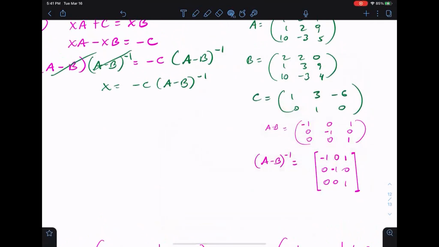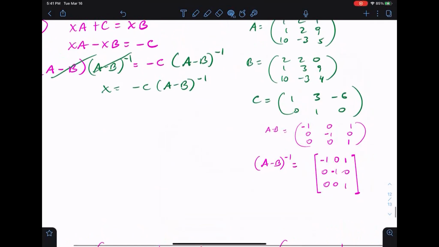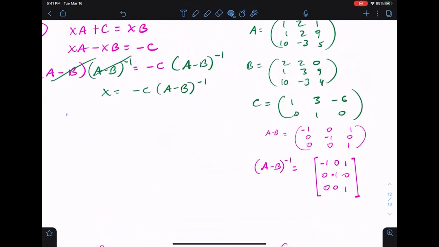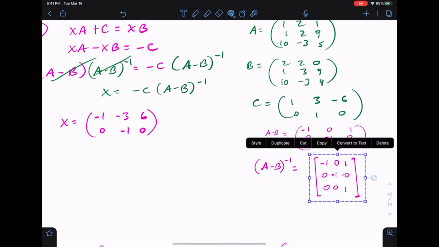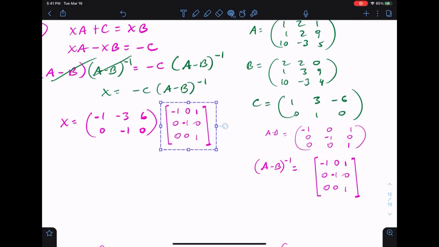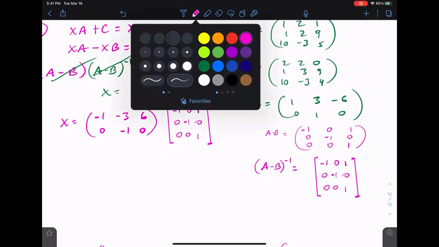So what's next? What's next is we need to multiply negative 1 times C. So the only thing that is going to change is that sign: negative 1, negative 3, 6, 0, negative 1, and 0. And then I need to multiply by the thing that I just found, my inverse, this one right here.